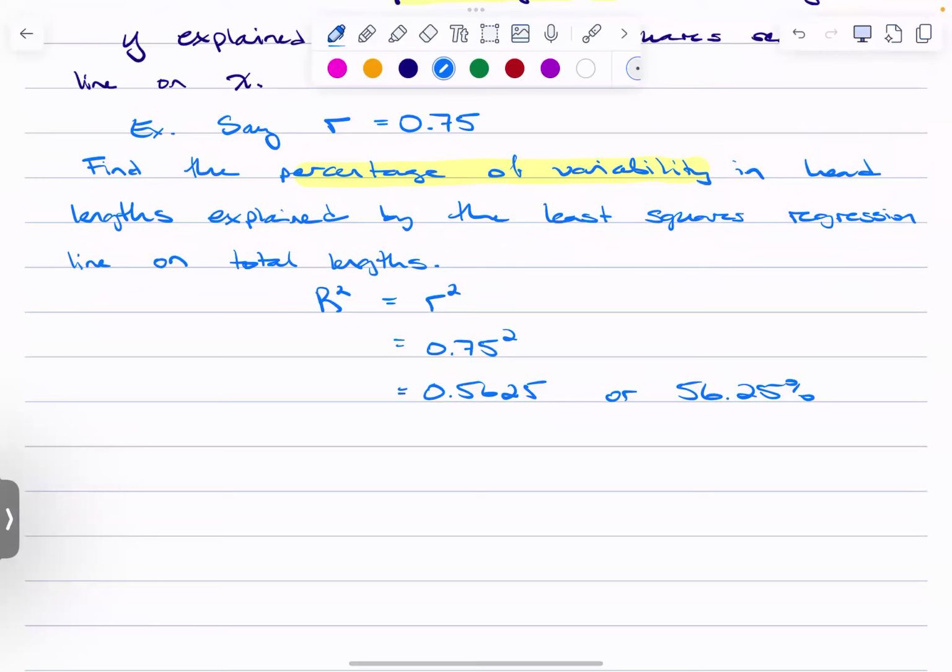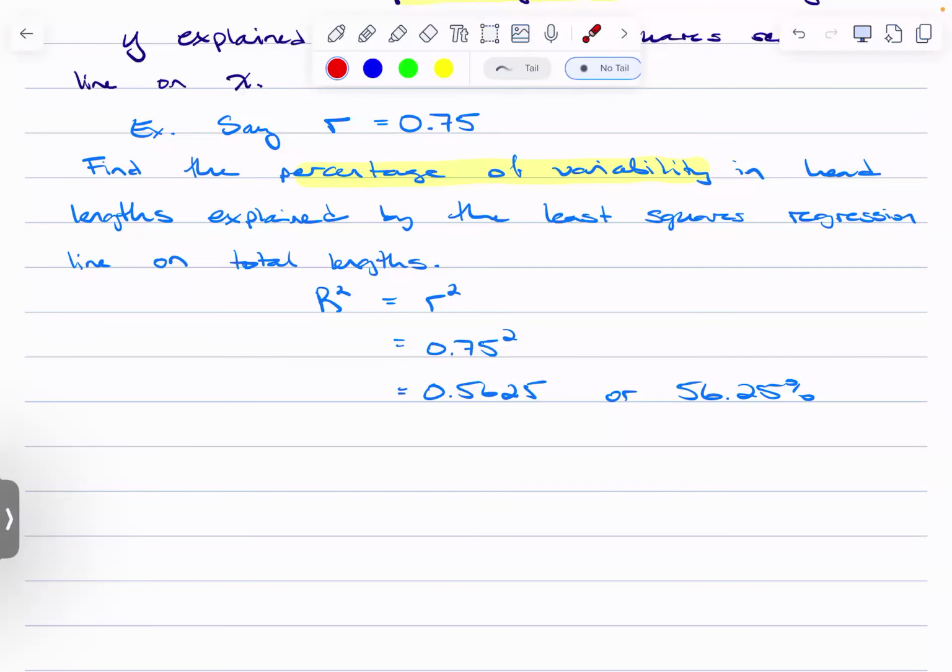The flip way, we need the correlation to find the slope. Another way that I could do it is I could give you the R squared, and you have to calculate the correlation. One of the things you want to remember is that by squaring it, you lose the negative. That was the whole point. But when I undo the square, when I take the square root, I get a positive and a negative result. So you need to look at your relationship and use the positive sign if it's a positive relationship and a negative sign if it's a negative relationship.